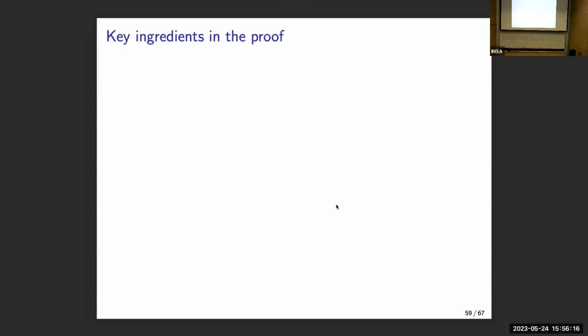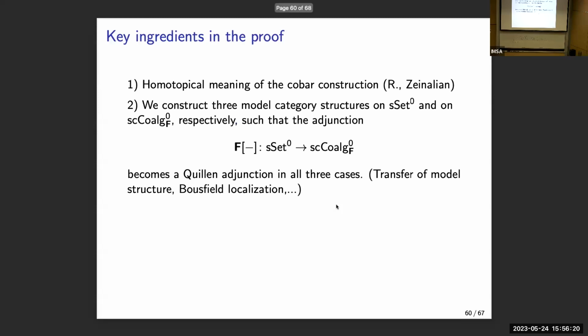Let me just quickly mention the key ingredients in the proof of this statement. As we have said, this uses the homotopical meaning of the Cobar construction as a model for the chains on the based loop space.